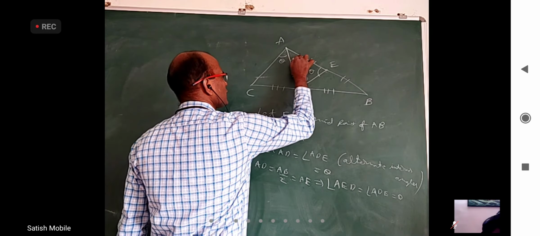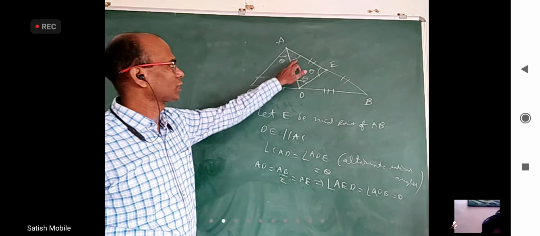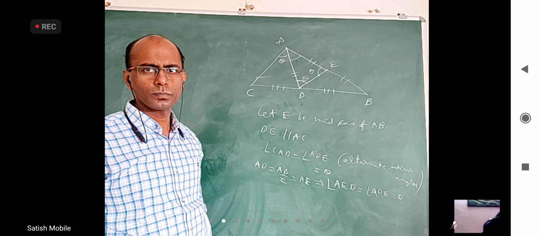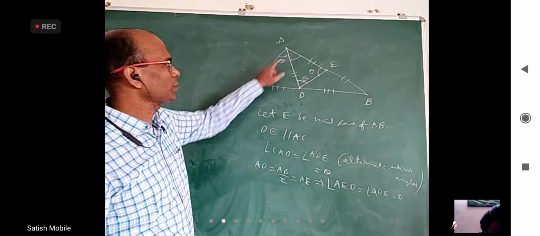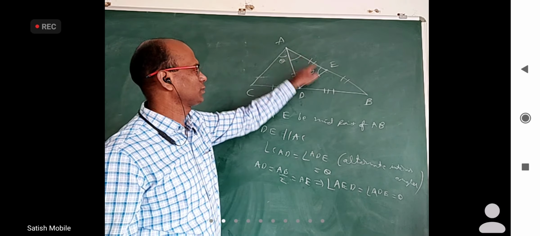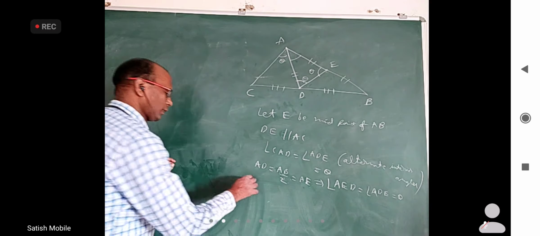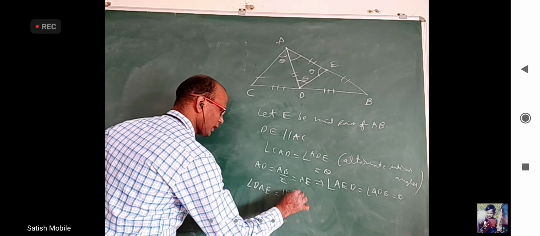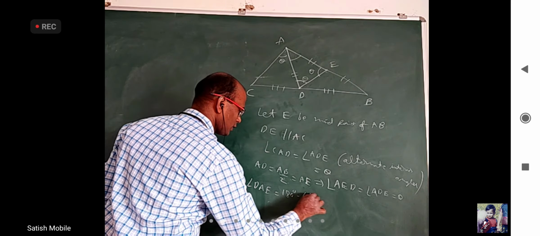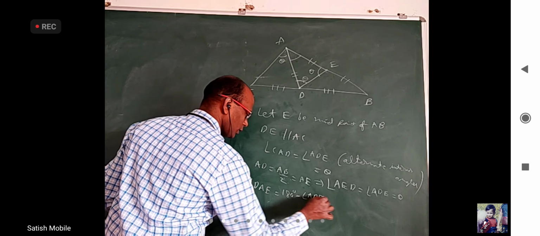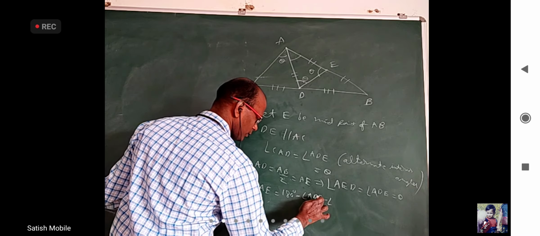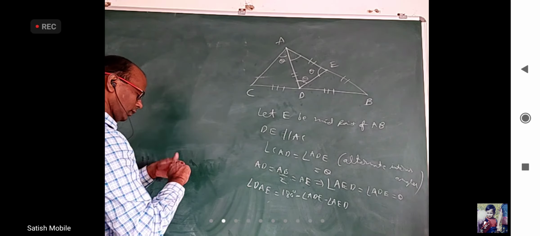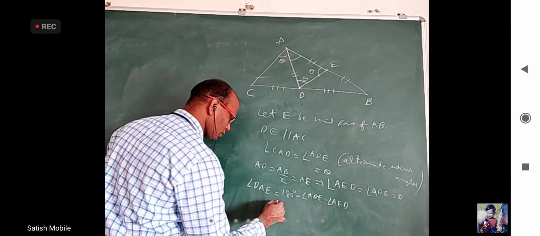So, anybody want to tell what is this angle now? This one, angle DAE. That's okay, but from this triangle, what is angle DAE? So, angle DAE is equal to 180 minus angle ADE minus angle AED, which is 180 minus 2 theta.